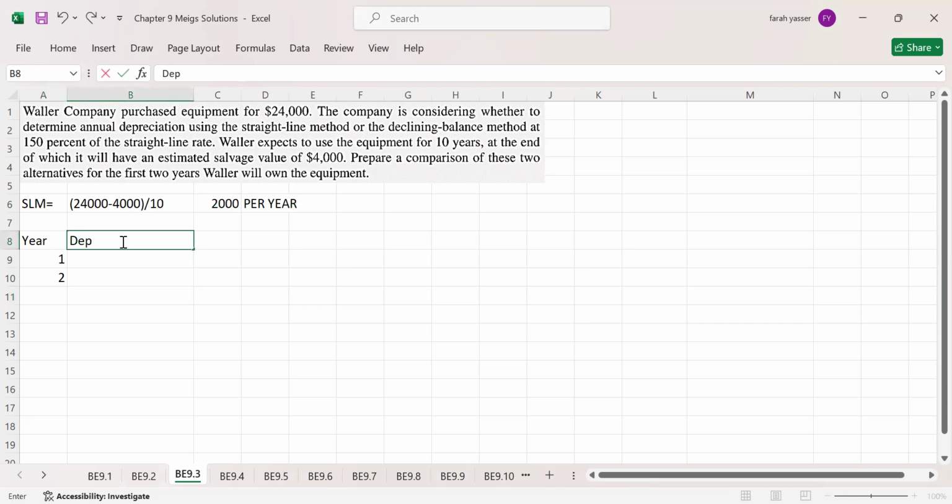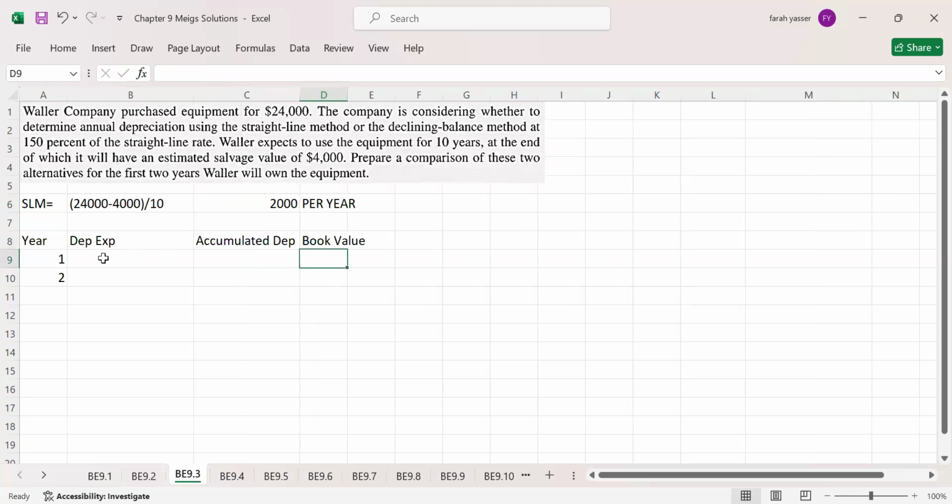We have depreciation expense, accumulated depreciation, and then a column of book value. This is just for comparison purposes. As in the straight line method the depreciation amount remains the same throughout the useful life of the asset, we have taken just 2,000 and 2,000. Accumulated: current year 2,000; second year we have 2,000 previous year depreciation and 2,000 current year depreciation.